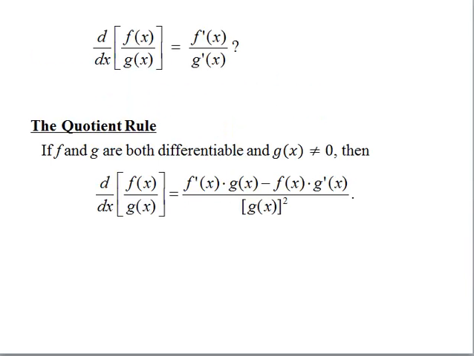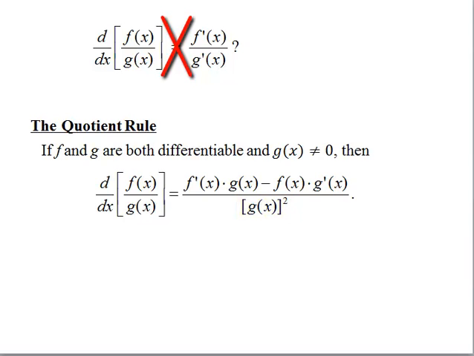Similar to the product rule, the derivative of a quotient is not simply the quotient of the derivatives. In fact, the quotient rule is that if f and g are both differentiable functions and g of x is not equal to 0, then the derivative of f over g equals the derivative of the numerator times the denominator minus the numerator times the derivative of the denominator, then divide by the denominator squared.